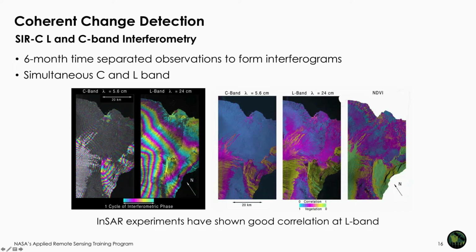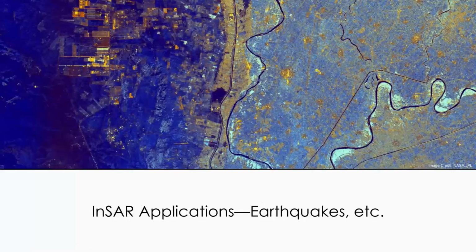And just to compare, we took a normalized difference vegetation index over here, NDVI, and used the same color scheme to compare it to the radar. You can see that there's a very high correlation between the amount of vegetation and the level of coherence. So that really shows you how it depends on the radar wavelength.